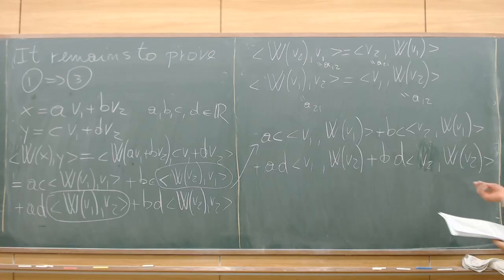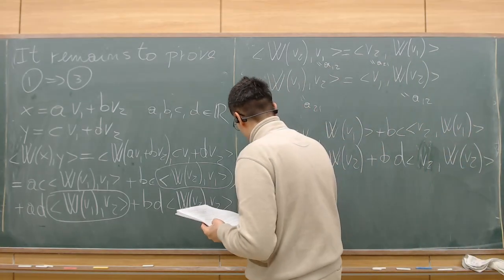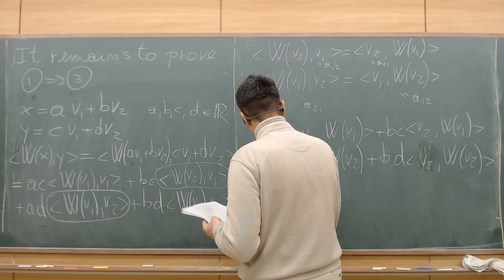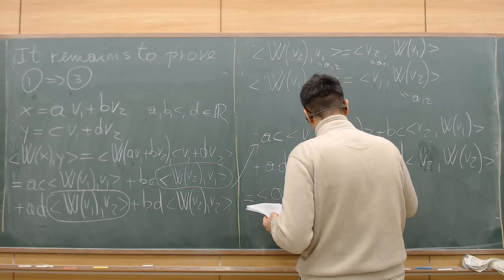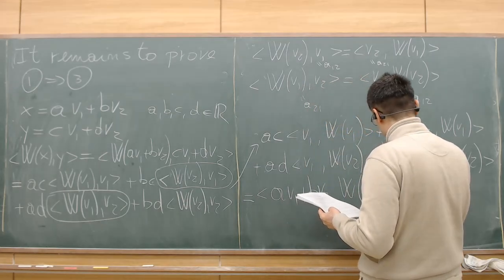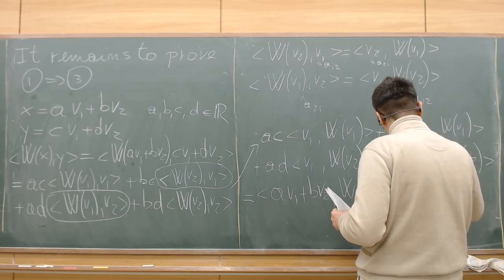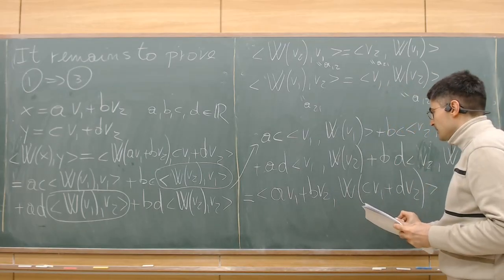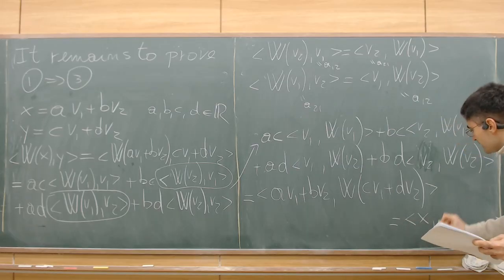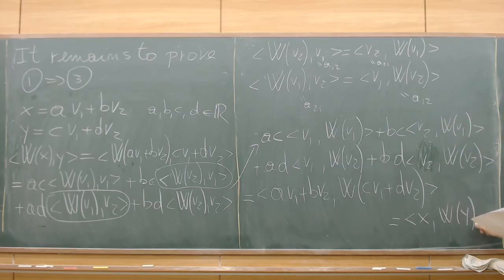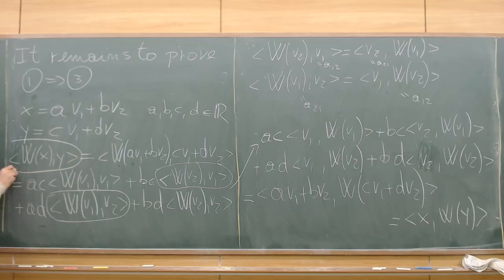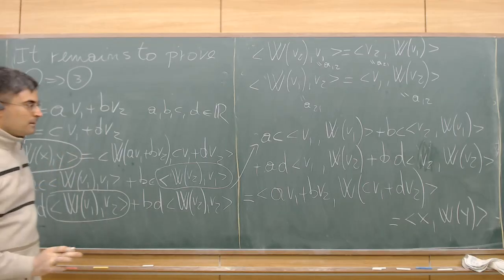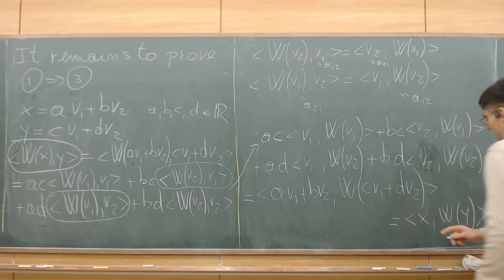And this is nothing but then A V1 plus B V2 times W of C V1 plus D V2, which is exactly the product of X and WY. So we proved that WX times Y is equal to the product of X and WY.